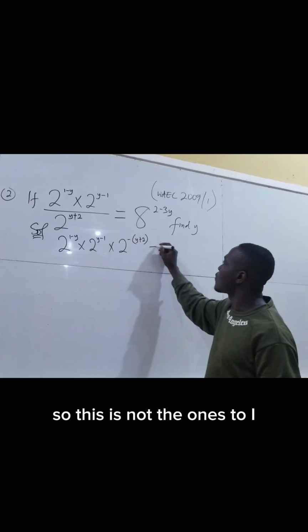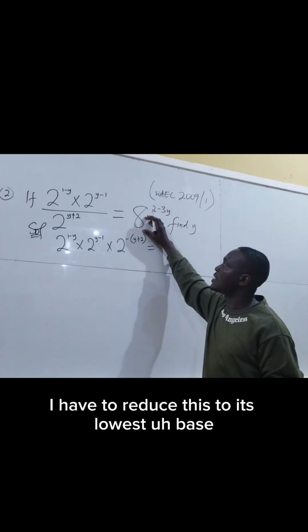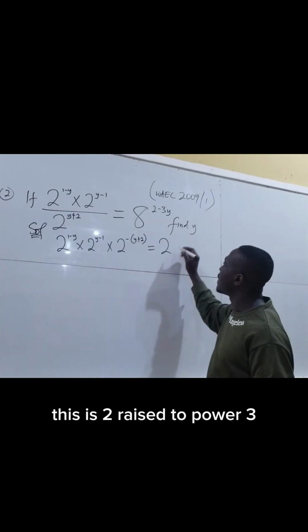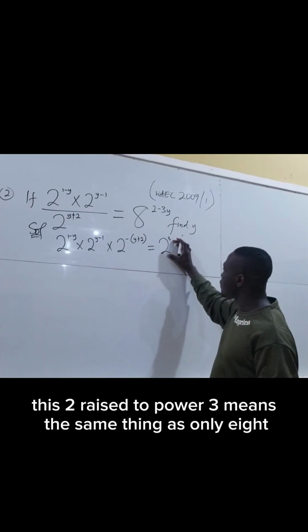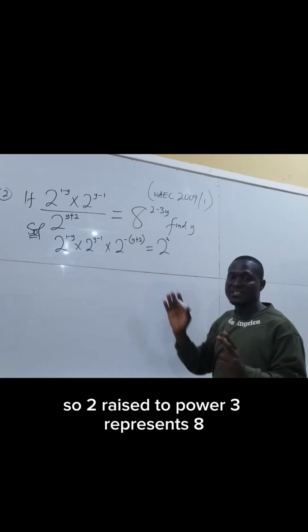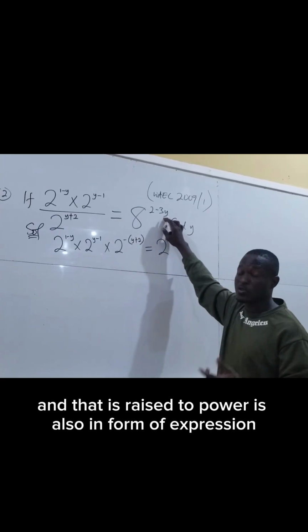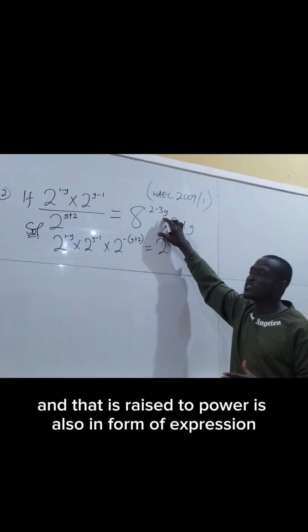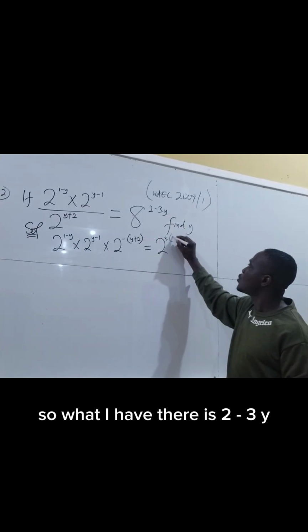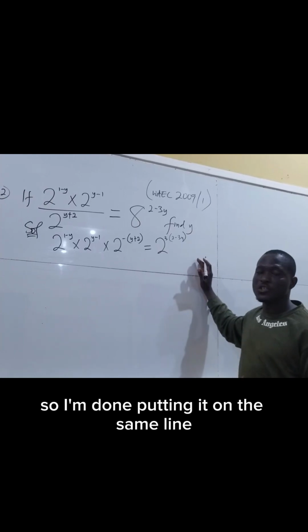So this is now equal to, I have to reduce this to its lowest base. This is 2 raised to power 3. This 2 raised to power 3 means the same thing as 8. But what is raised to power is also in the form of an expression. So what I have here is 2 raised to power 3 minus 3y. So I'm done putting it on the same line.